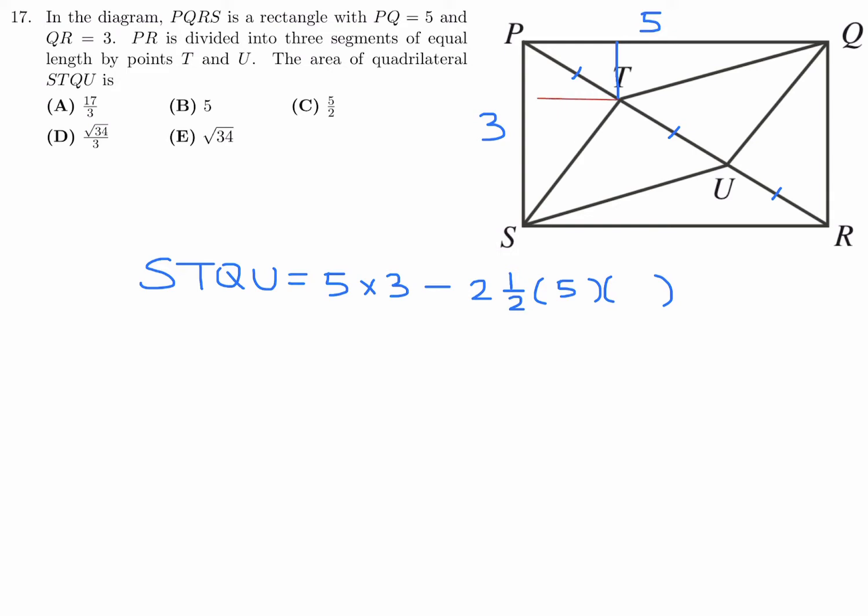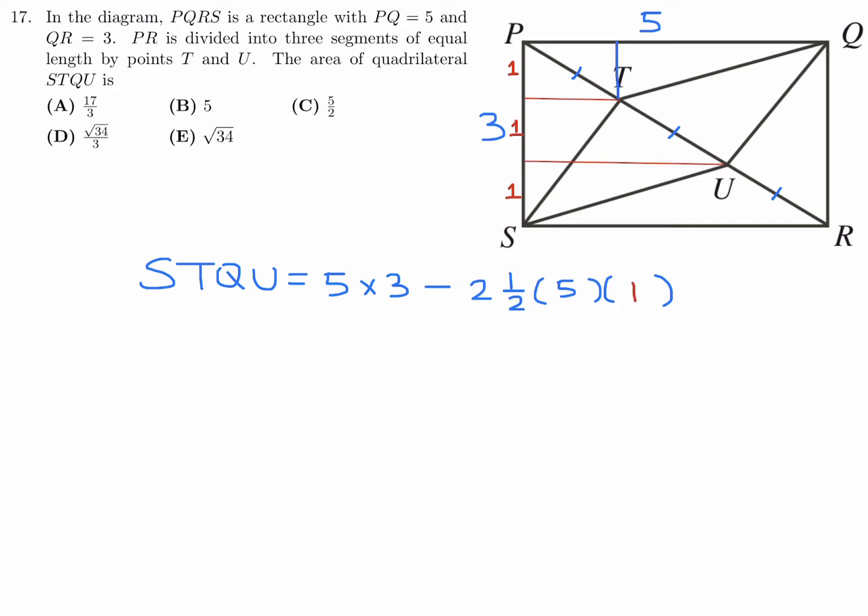It cuts PS into thirds. So that basically means that this becomes 1, this is 1, and this is 1. So this height is 1. So I put a 1 there.